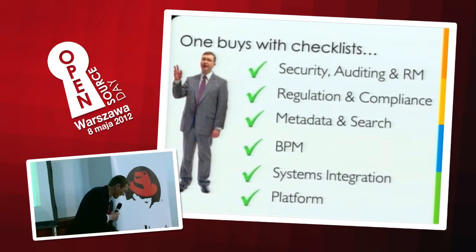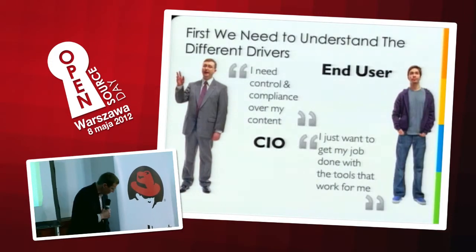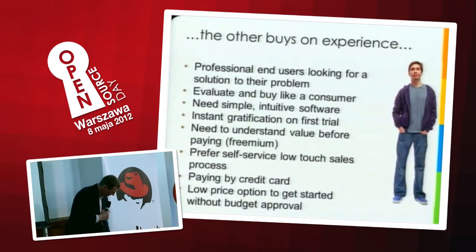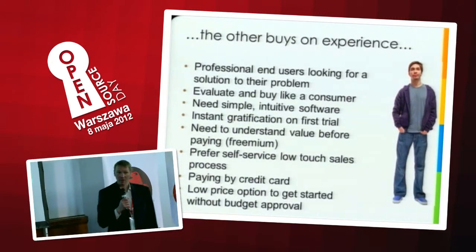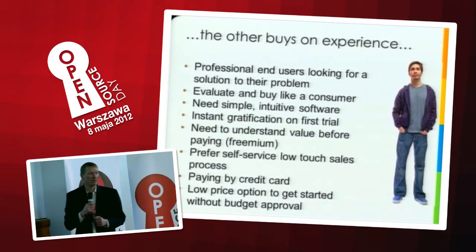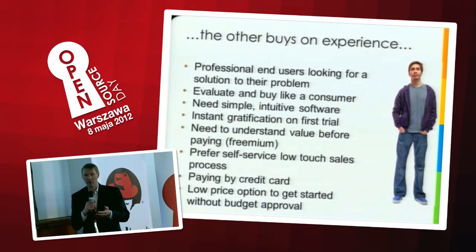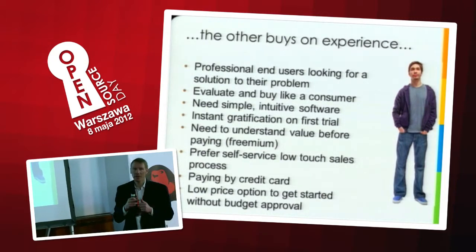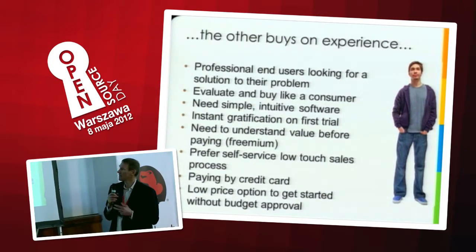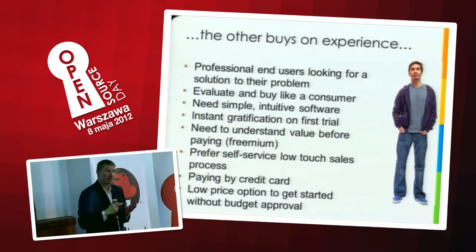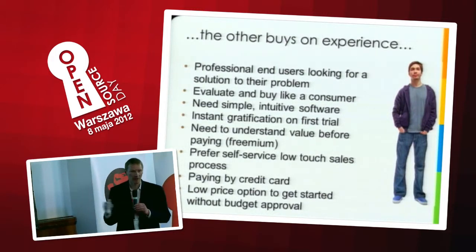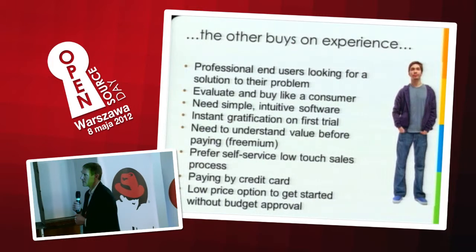If you look at the end user, they buy on experience: the experience they have on the website, the experience they have as a consumer, as a knowledge worker. They would like to evaluate and then buy after they evaluate. They want something very easy. So first download: it works or it doesn't work. It takes a minute and the product is gone, and there will be no user acceptance after that.